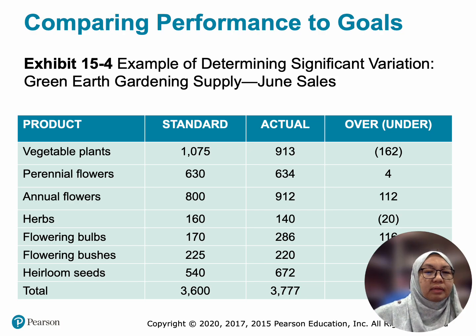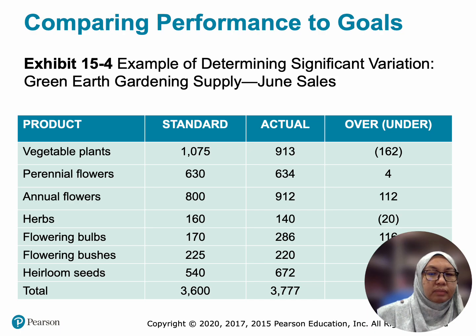Take vegetable plants, for example: there is a standard here and then the actual one. If the sales is below the standard, it's basically negative, so it's under standard. If the sales exceed the standard, the manager can capture that here. If we look here, some of the plants are below and some are higher than the standard.